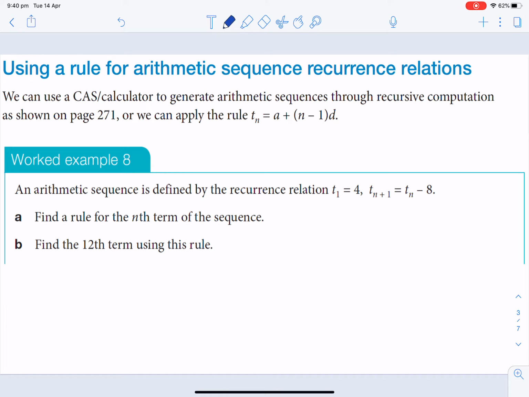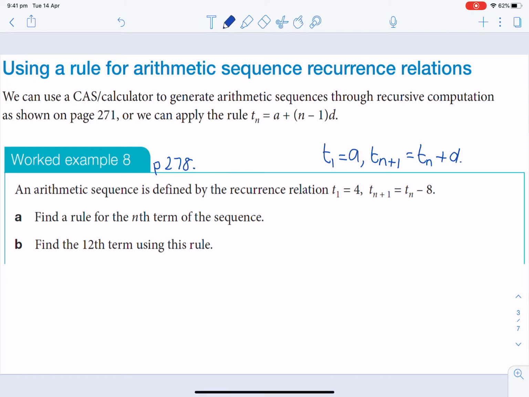So, worked example 8 on page 278 of your text. An arithmetic sequence is defined by the recurrence relation T of 1 equals 4, T of n plus 1 equals T of n minus 8. Now, remembering this rule from the previous slide, T1 equals A, T of n plus 1 equals T of n plus D. That was the recurrence relation we used.